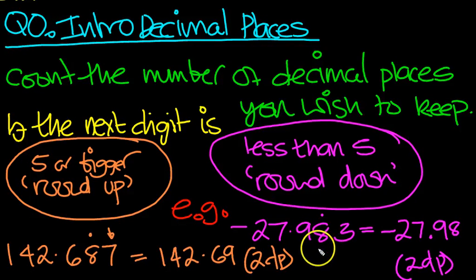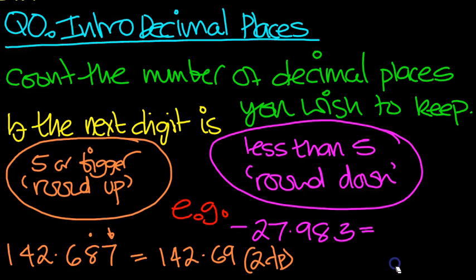Okay, well what if we did it to 1 dp then? Let's have a look at that. This example here then, to 1 dp. Let's see what we get here. Okay, to 1 dp, here's the first decimal place, just to remind us where we are. The next digit along is an 8, which is bigger than or equal to 5, isn't it? So we round up.